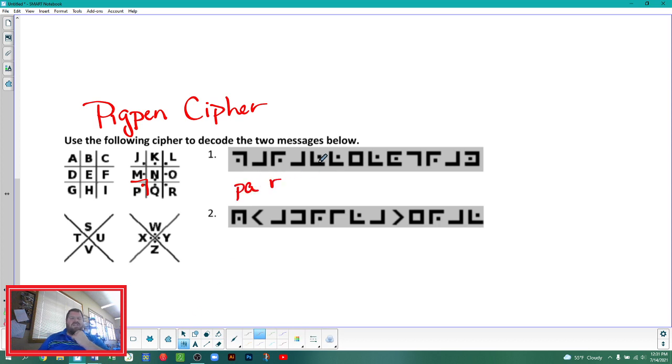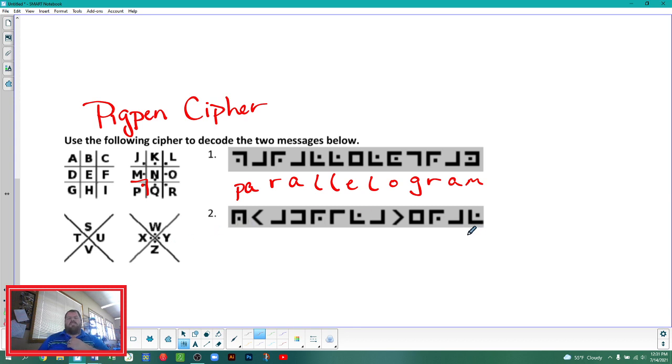So R, A, L, L, the full box is an E. This one with the dot in it is this one up here, it's the L. Parallel, and then O. This 7 is the G. This right here is my R. That's an A again, and then that's an M. So that coded message says parallelogram.